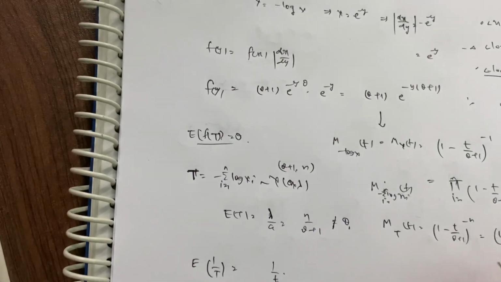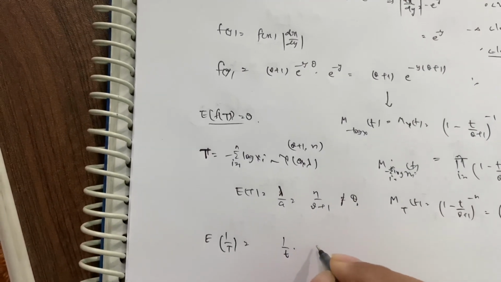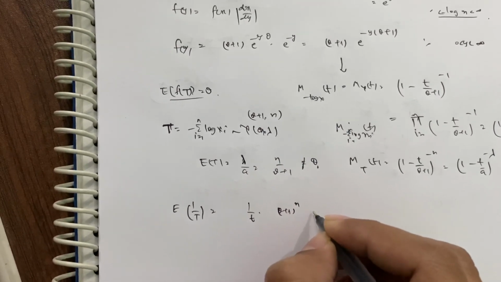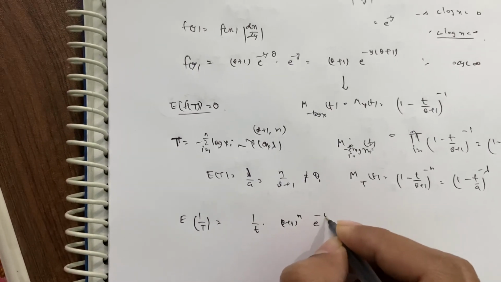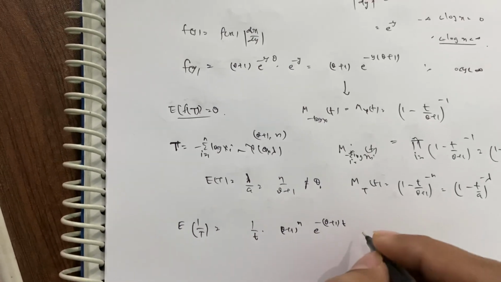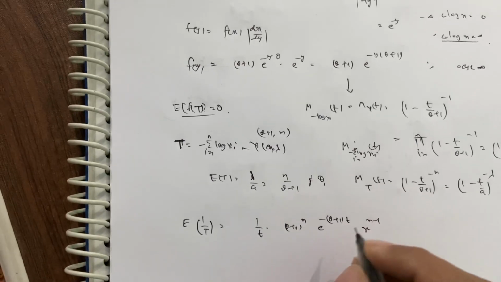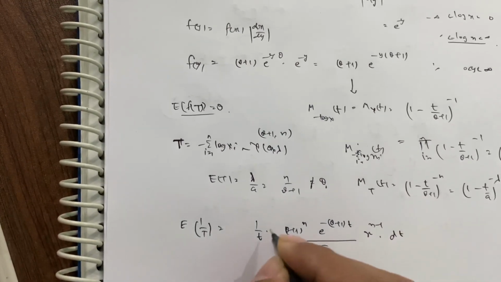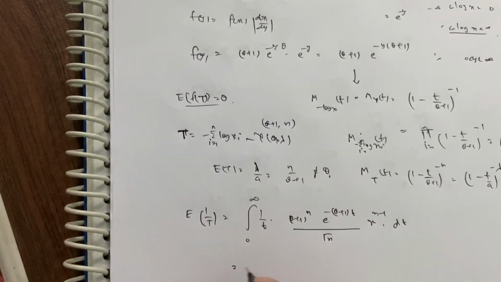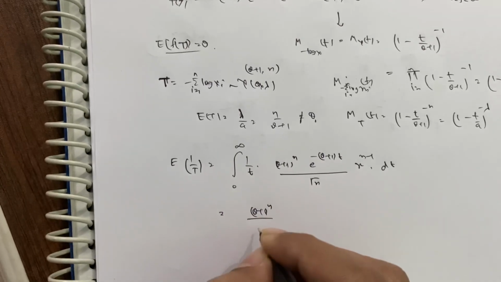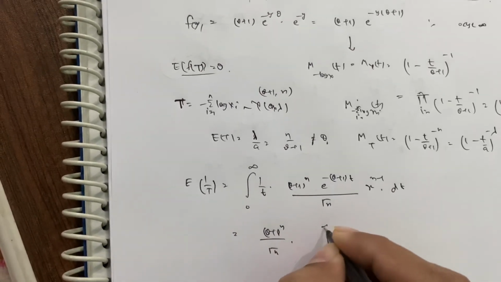Now the density is given by lambda e to the power minus x, meaning t, and t to the power n minus 1 divided by gamma n dt. So this is the density. Now (theta plus 1) to the power n and gamma n will be outside, the integral from 0 to infinity.